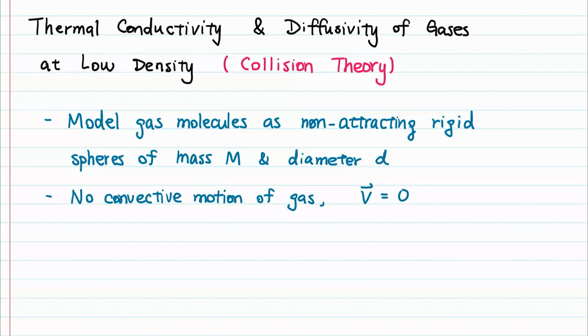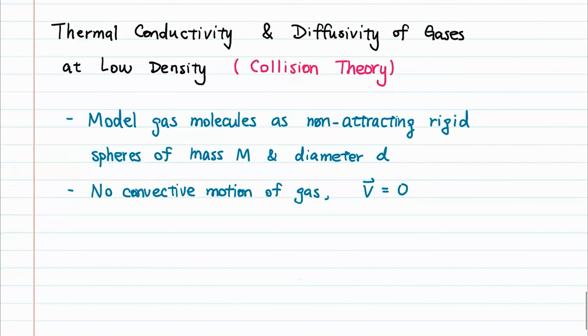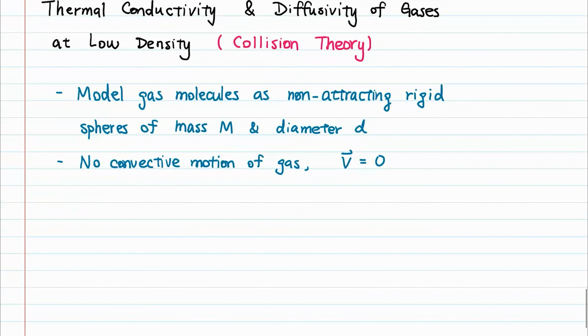Okay, and so from modern physics, we know some values for gas molecules if we view them as rigid spheres. Basically, we know that the mean speed and mean free path are related to the molar mass and also to temperature.